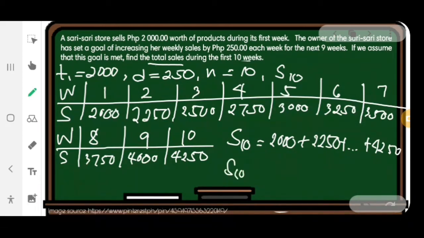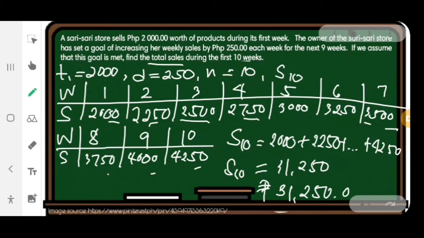So it means I am going to add 2,000, 2,250, 2,500, 2,750, 3,000, 3,250, 3,500, 3,750, 4,000, and 4,250. So after adding, I will have 31,250. That means the sales during the first 10 weeks is 31,250 pesos.